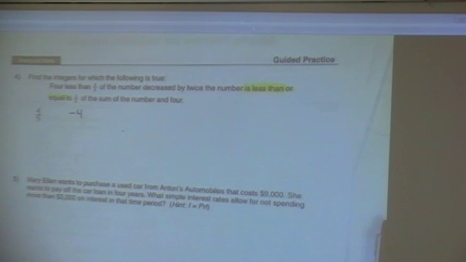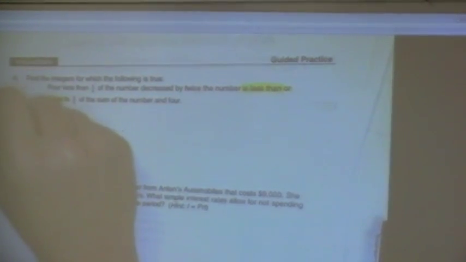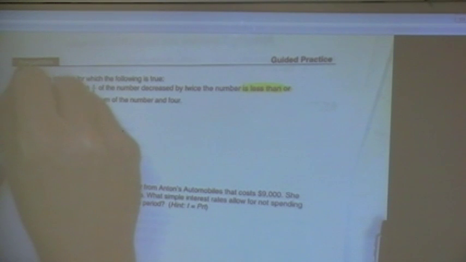What's the number? X decreased by twice the number. So I'm multiplying 4/5 by the number decreased by twice the number. So 4/5 x, x minus 2x.